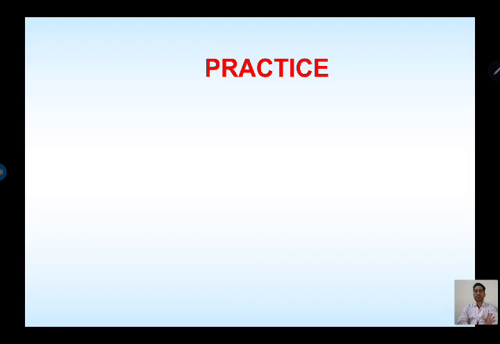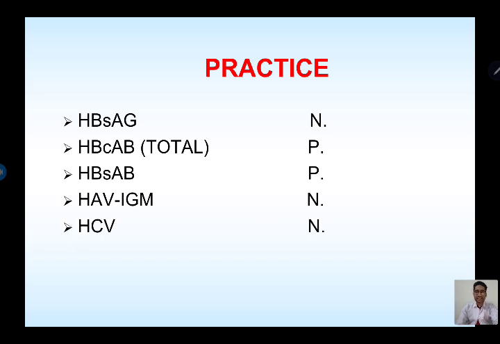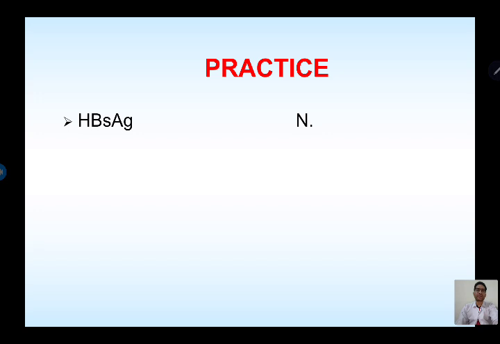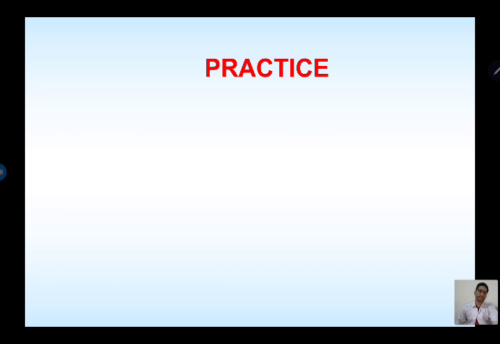Chronic infection pattern: hepatitis B surface antigen present, core antibody total positive, surface antibody negative, IgM negative. Past infection pattern: again, surface antigen nil, core antibody total positive, surface antibody positive, IgM nil. Immunization: surface antigen nil, core antibody nil, surface antibody positive.